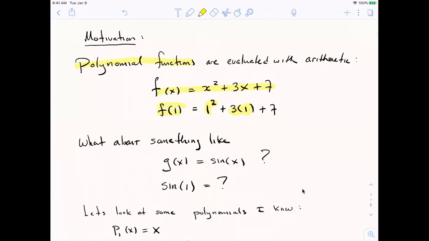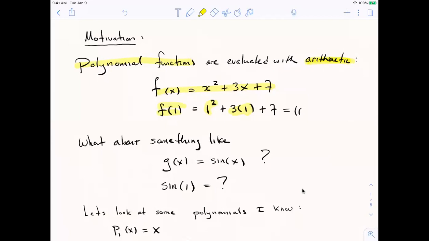That's arithmetic. You have to add all of those things together. More arithmetic, 1 plus 3 plus 7, I think it's 11. So evaluating a polynomial function, you do it with the operations multiplication, addition, subtraction. Polynomial functions don't even use division unless some of the coefficients are fractions, but they're arithmetic functions. You evaluate them with arithmetic.